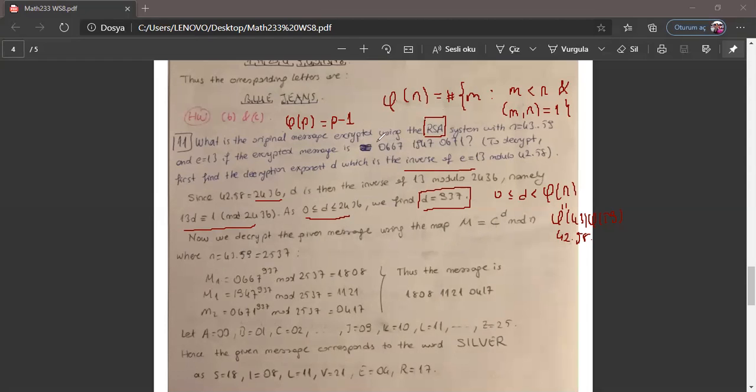So we will use this encrypted 4-digit number, and we will get its power using this D. Okay, it's called the exponent. So using this modulo this number, which is n. Okay, so if you compute this, you will obtain this number.